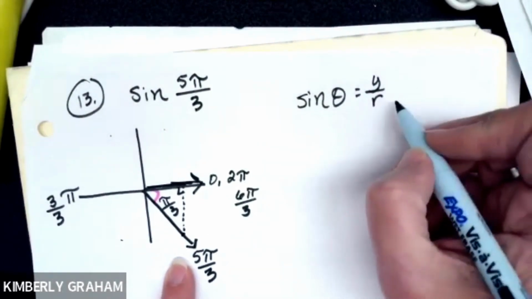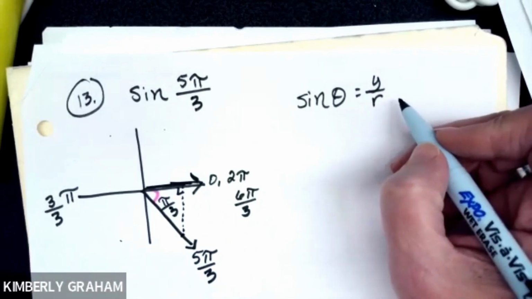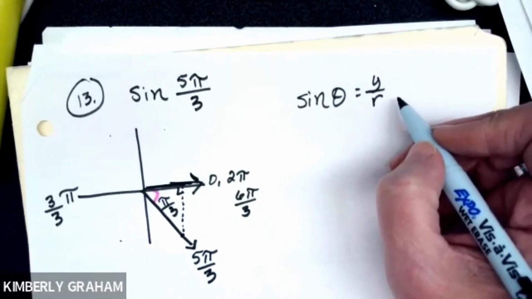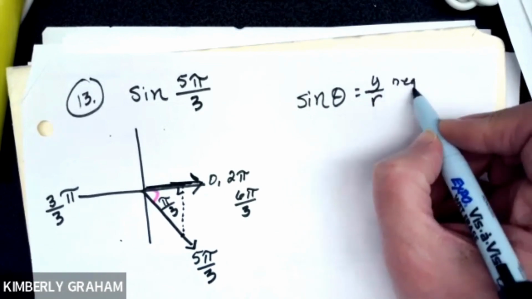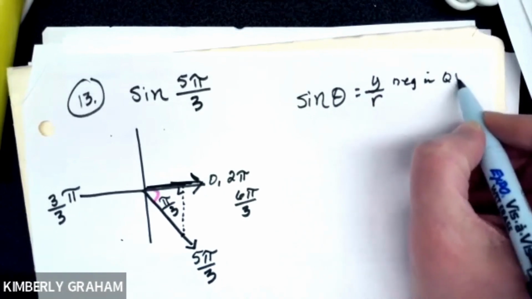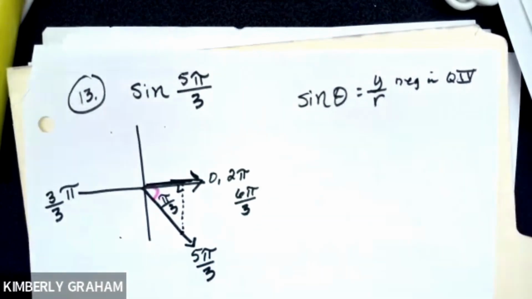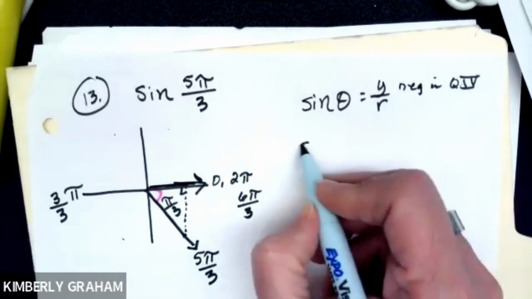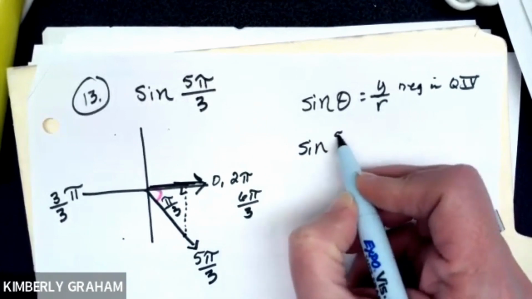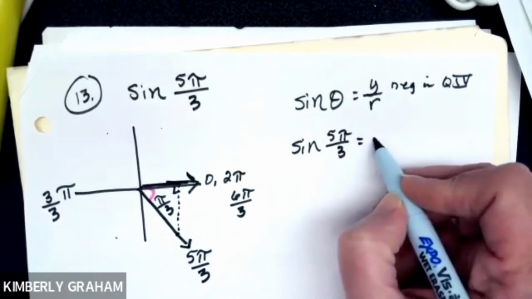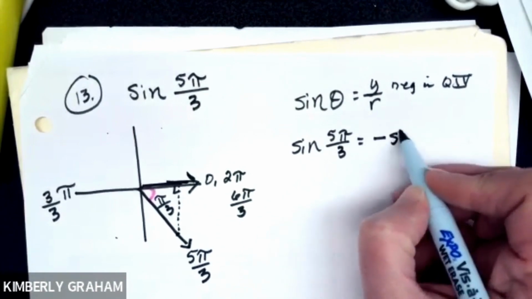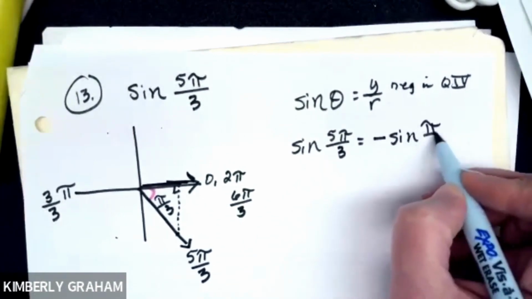Because r is always positive. So what determines this is just the y, right? Y is negative in quadrant 4. So my sine value is going to be negative. So the sine of 5 pi over 3 is going to be the negative of sine of pi over 3.